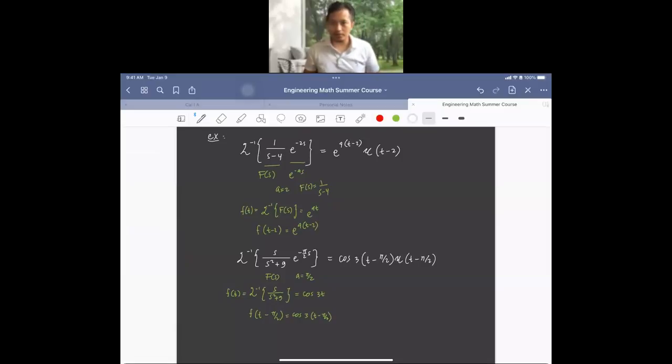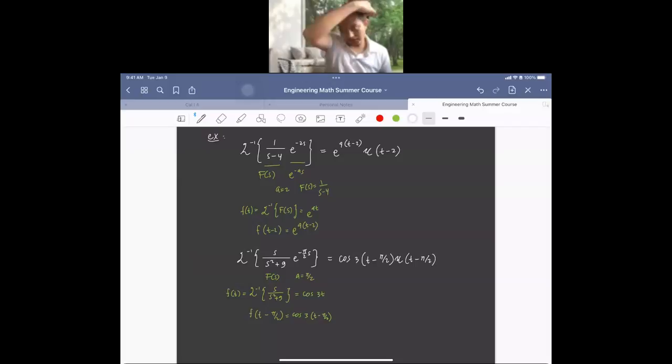Got it? Is it clear how to transform this Heaviside, or is it still confusing?